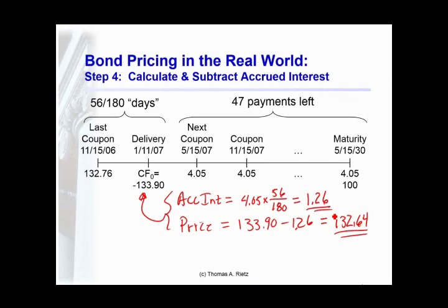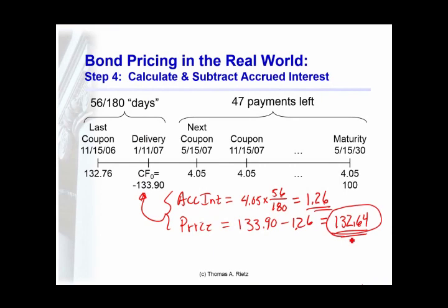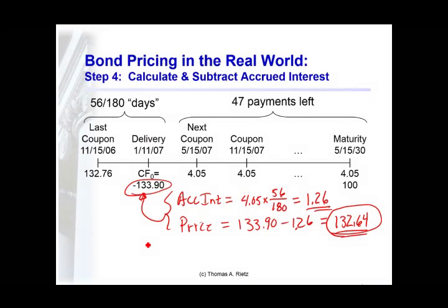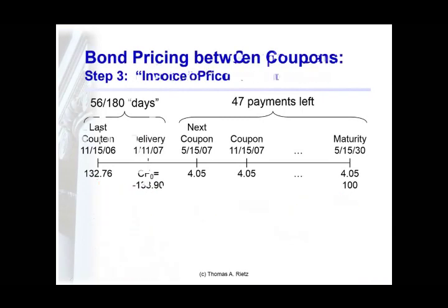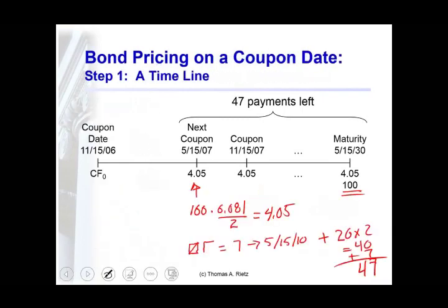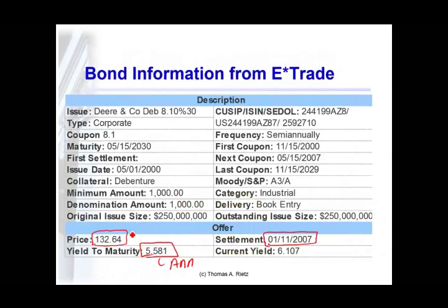So in the end, that 132.64 is the actual price. The cash flow that exchanges hands is 133.90. So let's go back and check that against the price that we had. 132.64 is the price that's actually quoted here. That's where that number comes from.